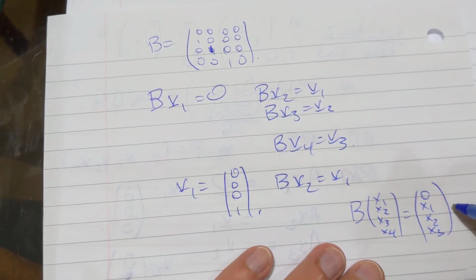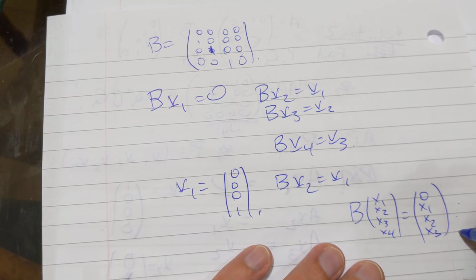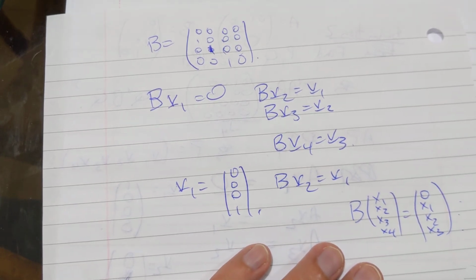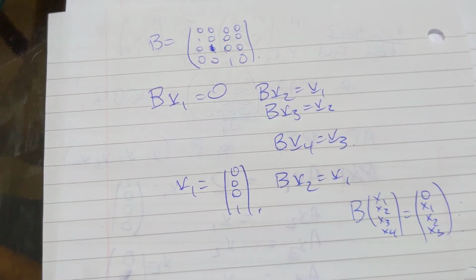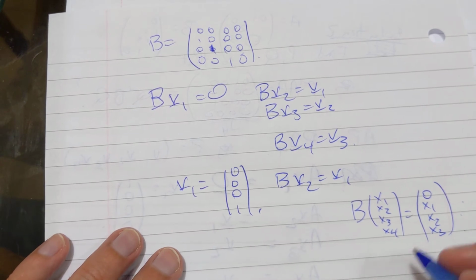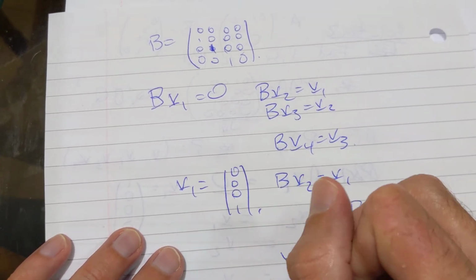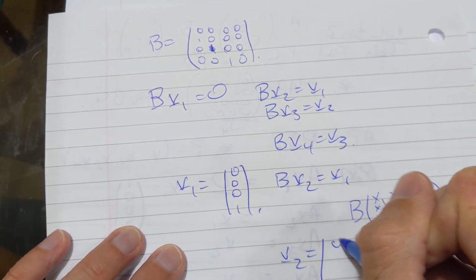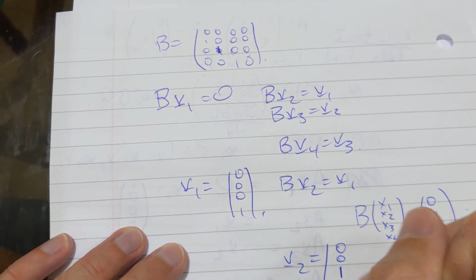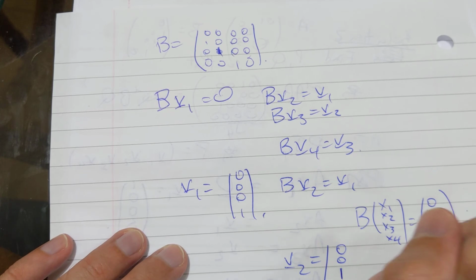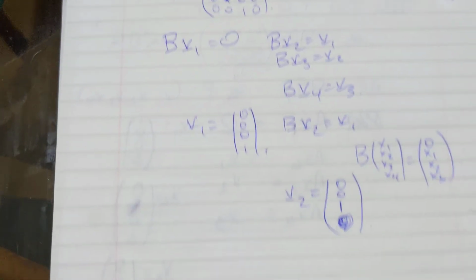We want this to be 0, 0, 0, 1. So x4 doesn't matter, it can be anything, but x3 has to be equal to 1, and x1 and x2 have to be 0. So we'll take V2 to be 0, 0, 1, and I'll put a 0 here, but it could be whatever.